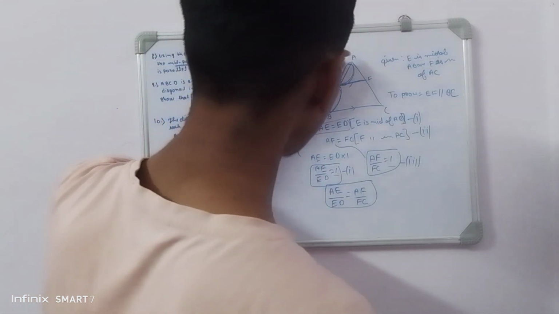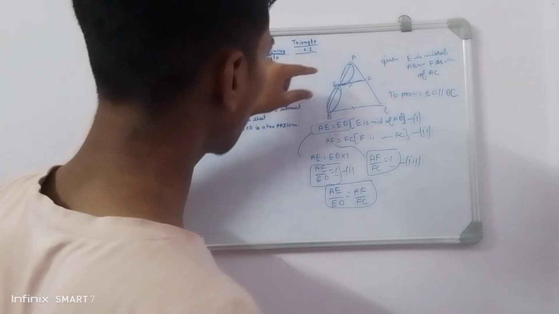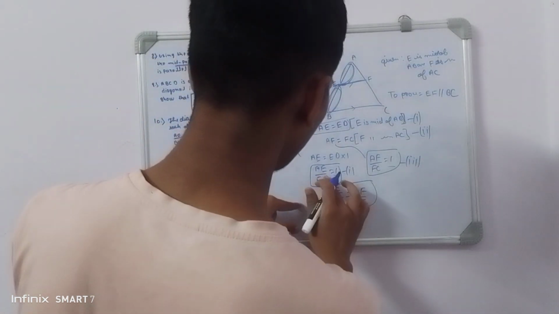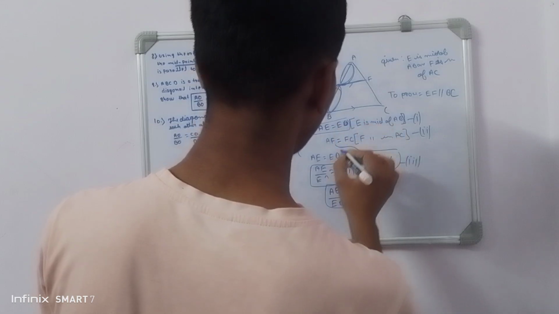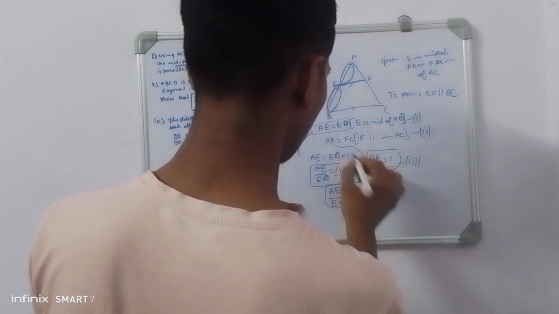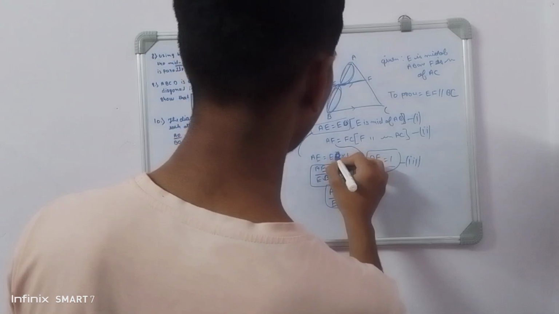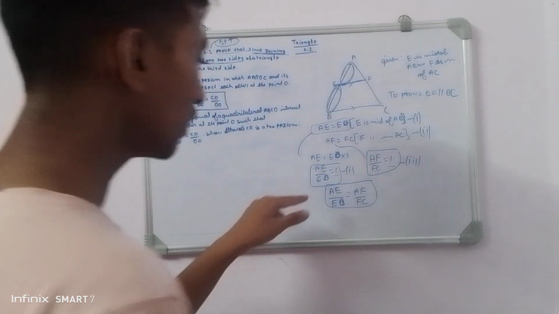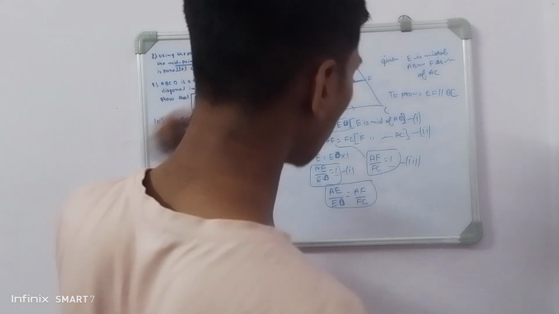So as we have AE is equal to EB, which gives AE by EB is equal to AF by FC.